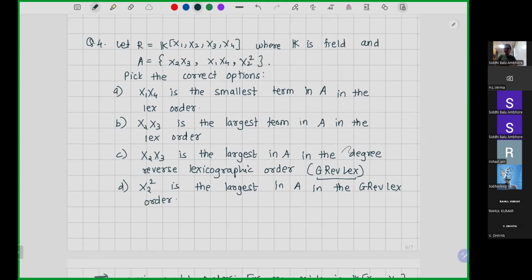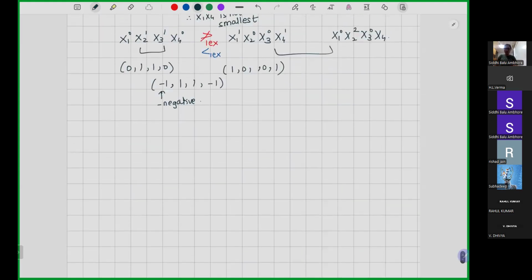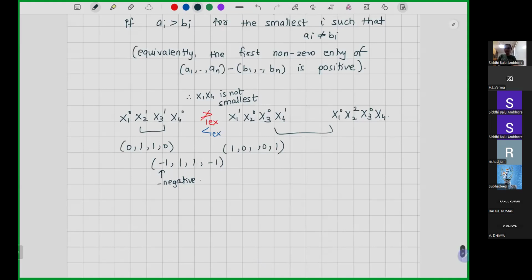Okay, so for g rev lex, we are not asked about this for x1 x4. So let us see. And the second term, this one, we have again 0 2 0 0, and when I subtract, it is 1 minus 2 0 0.